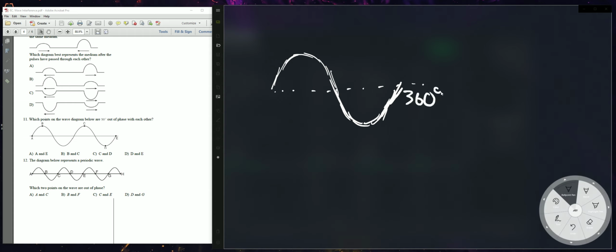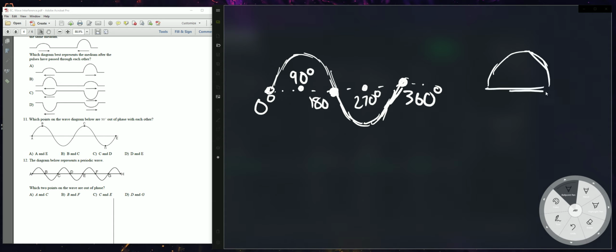This point right here is 360 degrees, this point is 180, and this point right here is 0 degrees. This is 270, and this should be 90 degrees. If you were to take a circle, a full circle is 360 and half a circle is 180. That's how you can think of this wave.